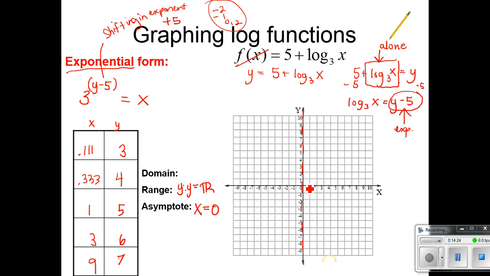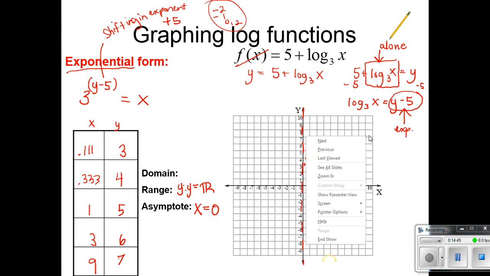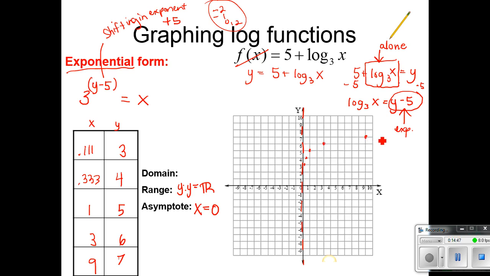Okay, so I'm going to go 0.111 to the 3, 0.333 to the 4, 1 goes to the 5, 3 goes to 6, and 9 goes to 7. And what you're going to see is I still have that curve, but it shifted up.